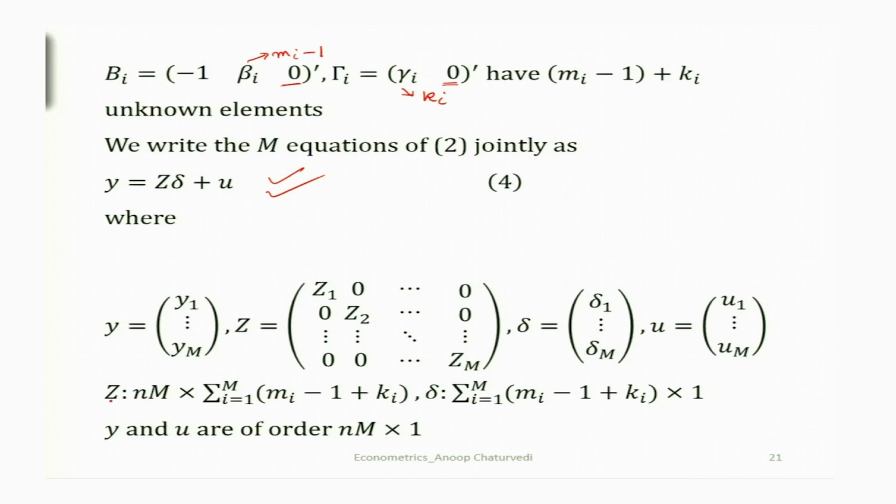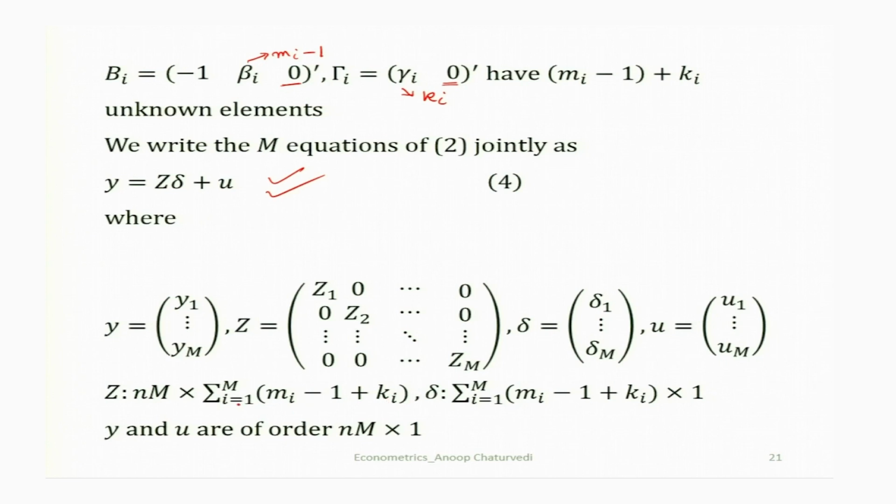Here capital Z is of order n capital M cross summation i equal to 1 to capital M of m_i minus 1 plus k_i. Say corresponding to the ith equation, Z_i has m_i minus 1 plus k_i columns.